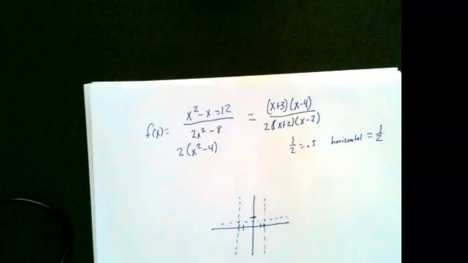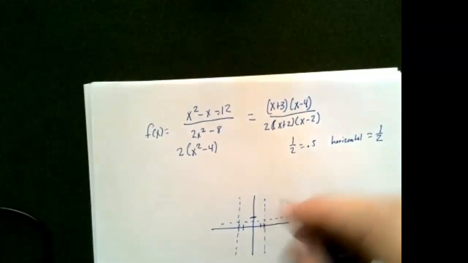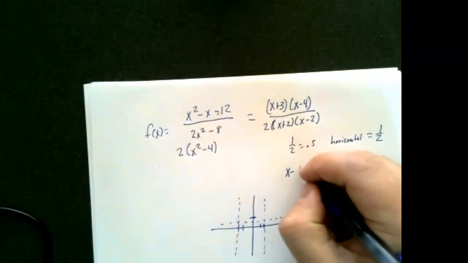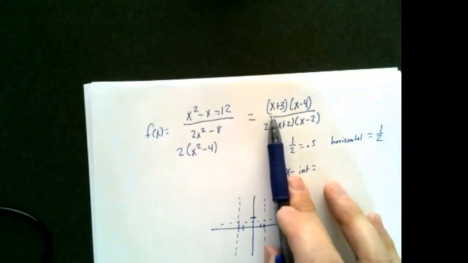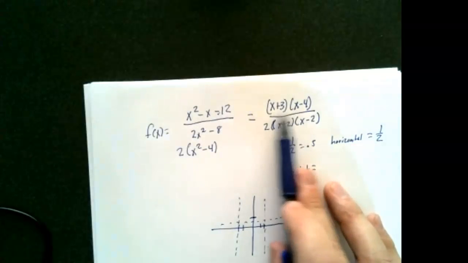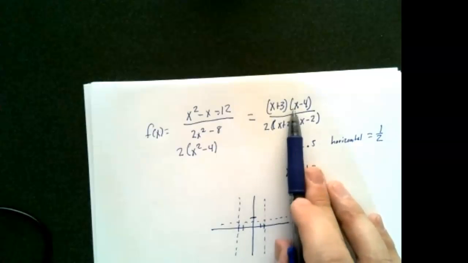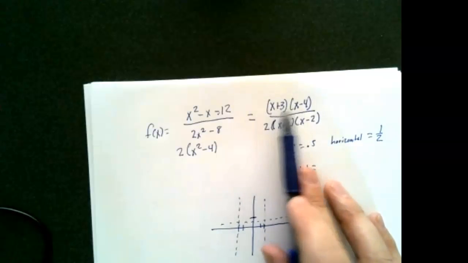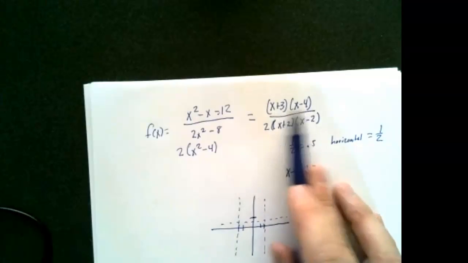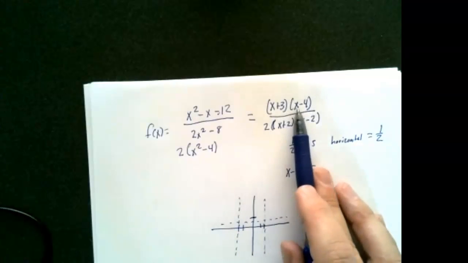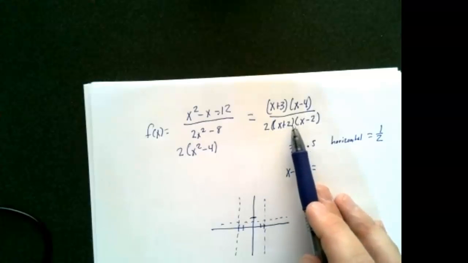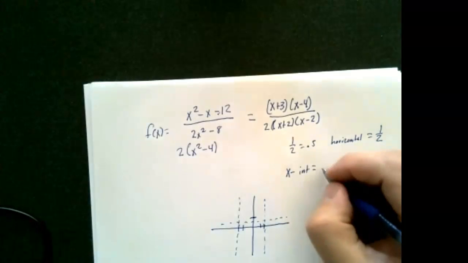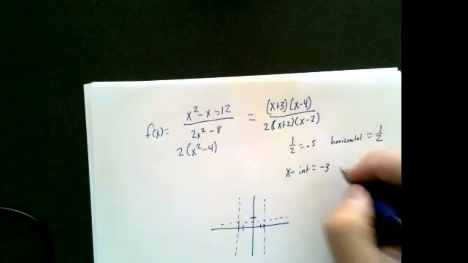Okay, the next beneficial thing is let's think about x-intercepts. X-intercepts can only occur when our numerator is equal to 0. Because the factors don't have common factors, we don't have any holes, that means we have x-intercepts at -3 and +4.